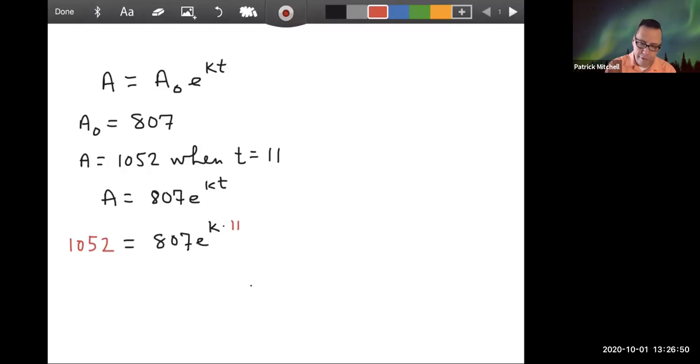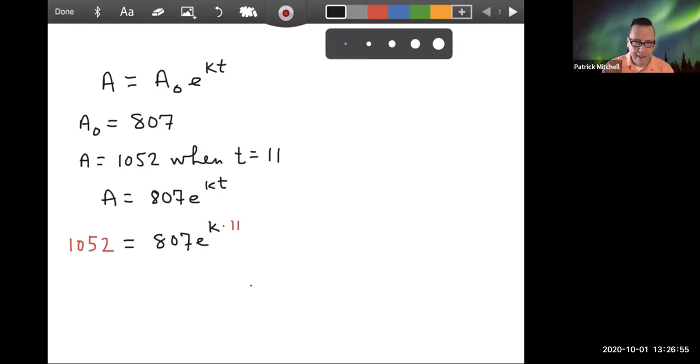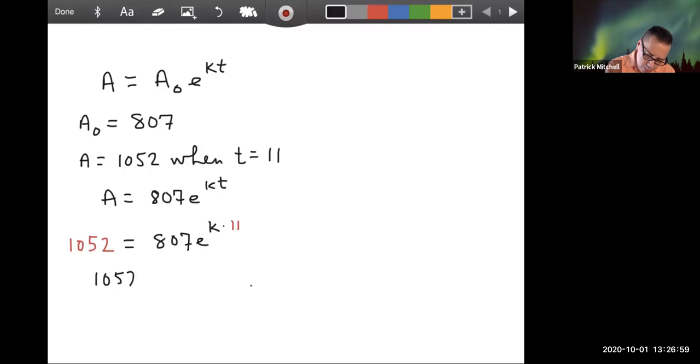So now we can solve this equation for k using the methods that we talked about in the last section. So we have 1,052 equals 807 times e to the 11k. The first thing I'm going to do is divide both sides by 807.